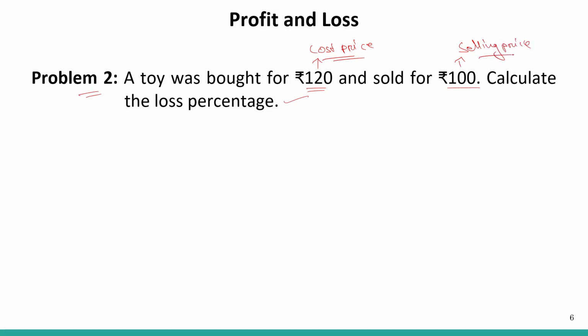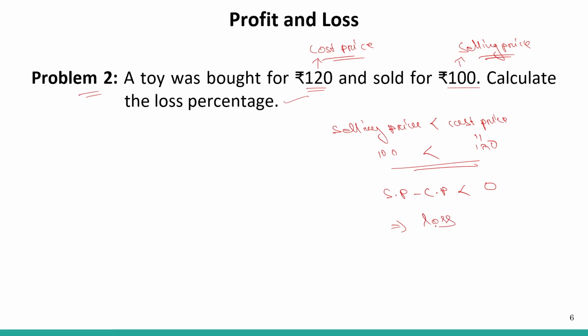Here you can guess we have a loss, because selling price is less than cost price. Since 100 is less than 120, SP minus CP is negative, which implies loss.